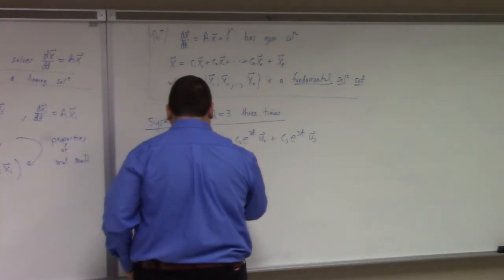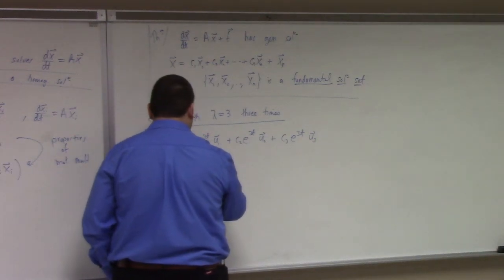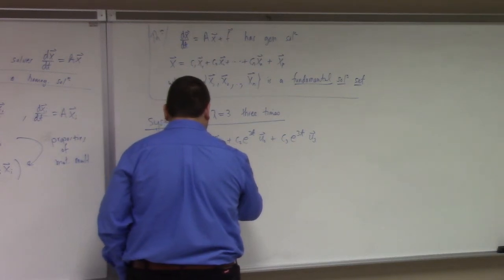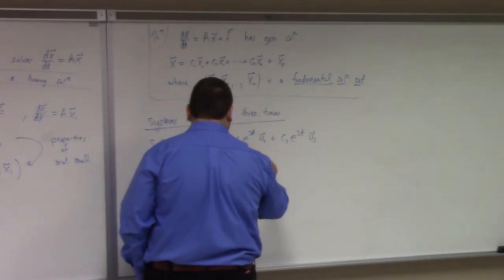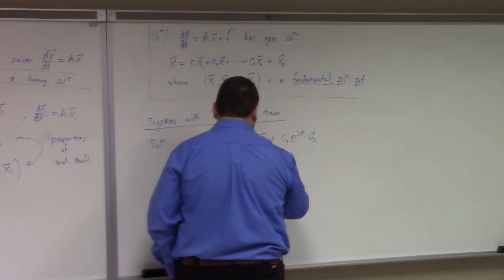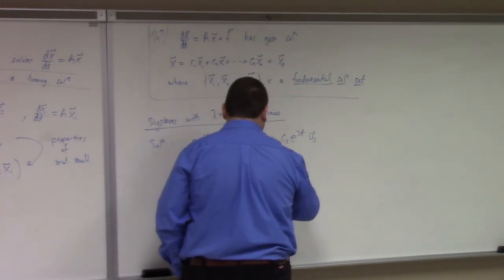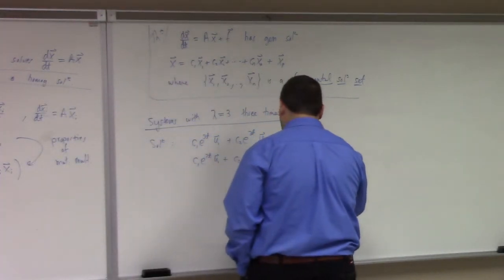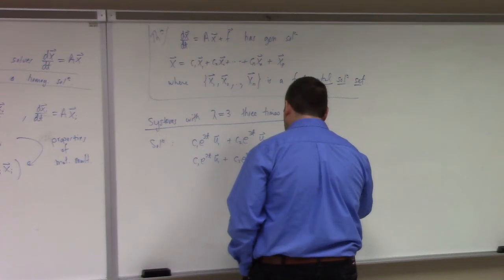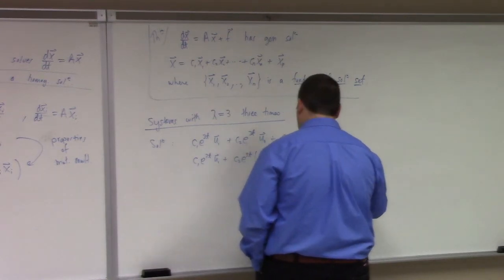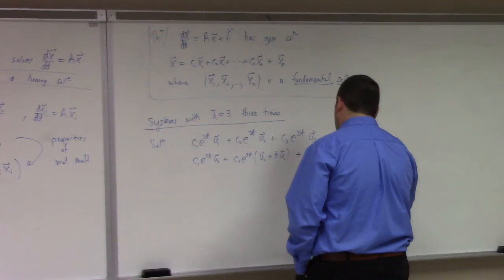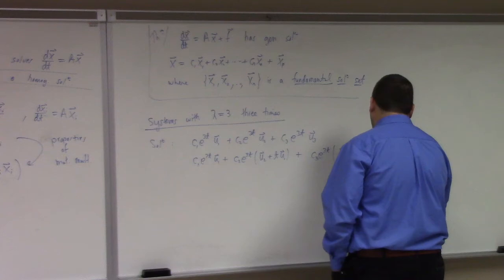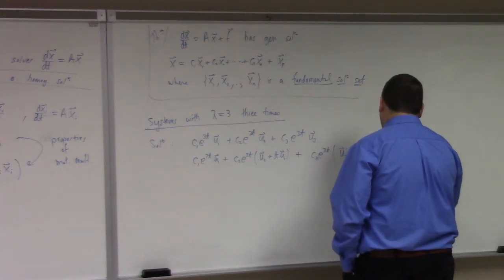You could also have something like C1 e^(3t) u1 plus C2 e^(3t) times (u2 plus t u1) plus C3 e^(3t) (u3 plus t u2 plus t²/2 u1).